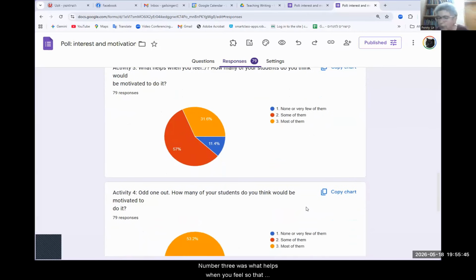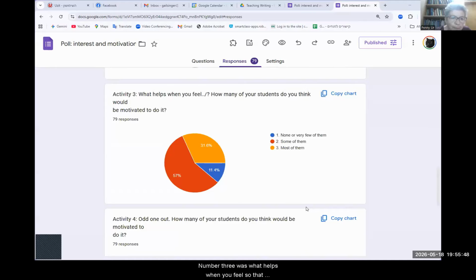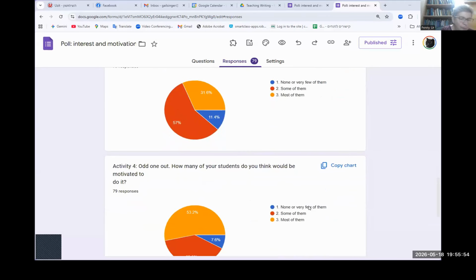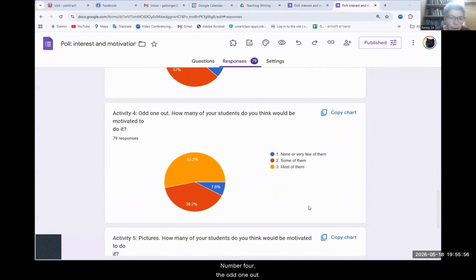Number 3 was what helps when you feel. So that was a fairly positive one. Number 4, the odd one out. Again, only a very small majority said nobody would do it, and most said some or most.